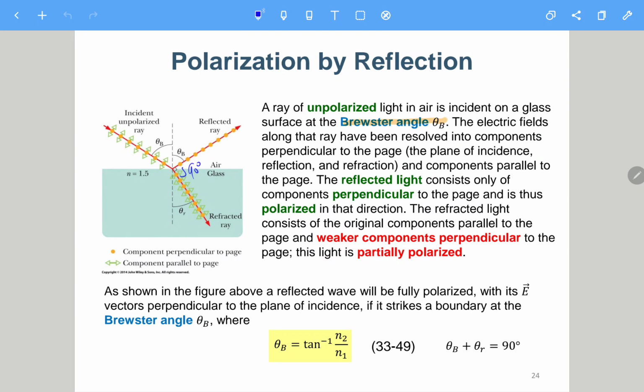For that problem, I gave them the incident angle in degrees and the refractive index as some number, and then I asked them what is the angle theta b plus theta r, or theta i plus theta r, when the refracted wave is polarized.